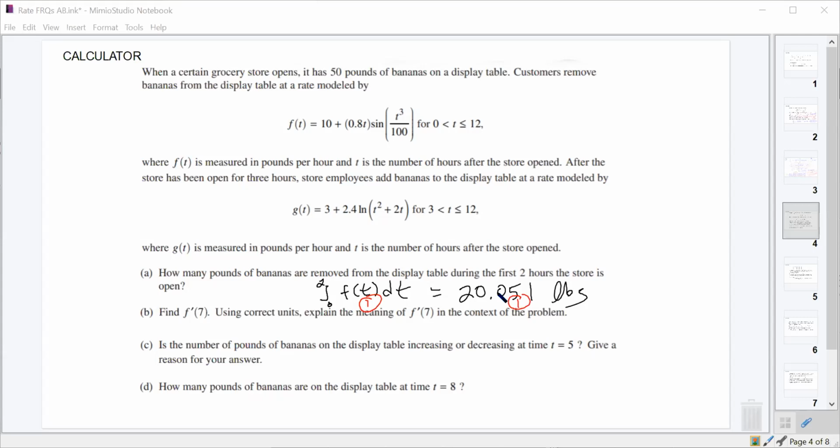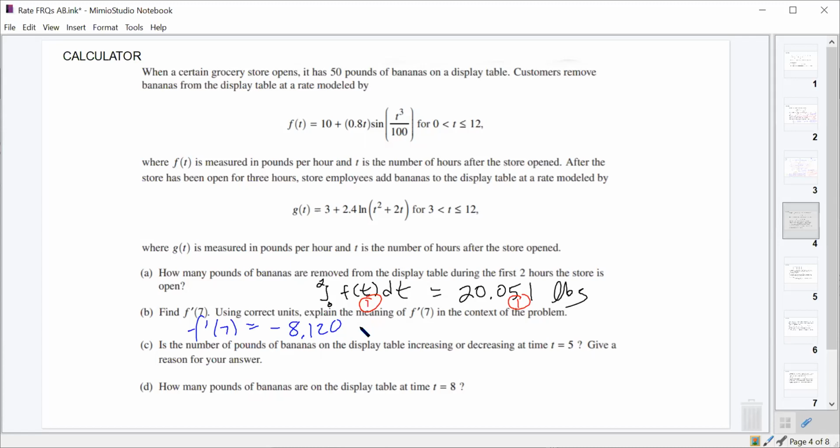Okay. Part B, find f prime of 7. Well, f prime of 7 should be easy enough to find. You just evaluate the derivative of this at 7. And your calculator will do that for you, and it will give you negative 8.120. I think it says explain what that means in the context of the problem. Well, this is the derivative of the rate, which means it's the rate of change of the rate.